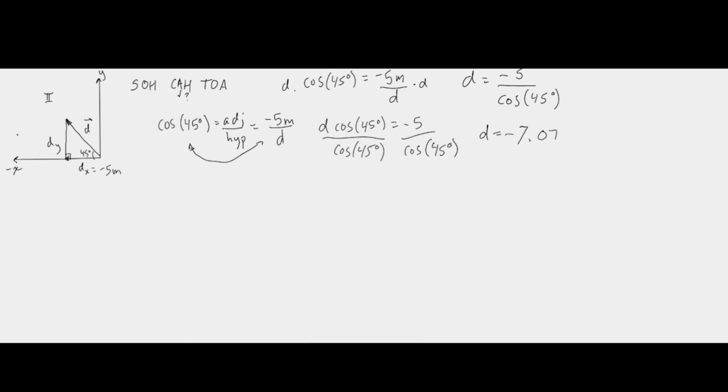And just to make that clear, once again, d is -5 divided by the cosine of 45 degrees. If you put the cosine of 45 degrees into your calculator, you'll find that that's a positive number. Its exact value is the square root of 2 divided by 2.